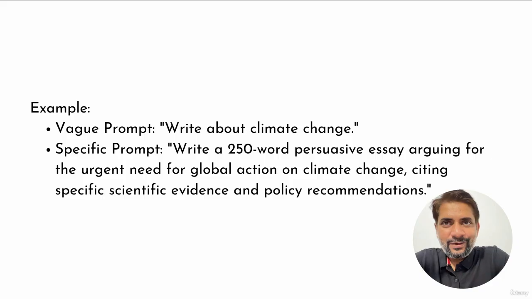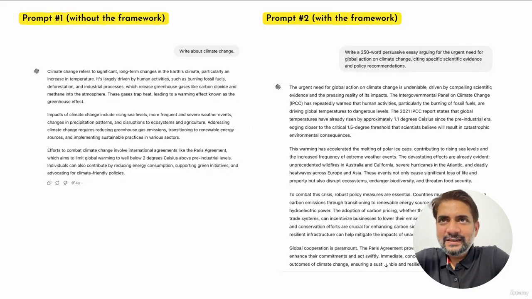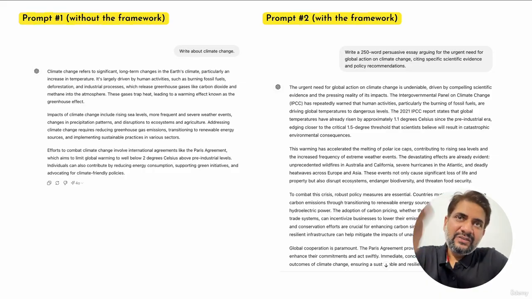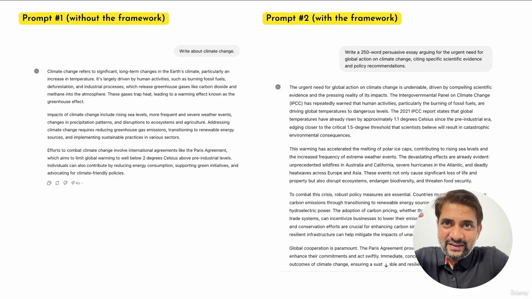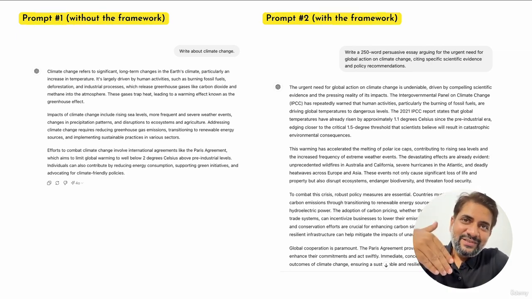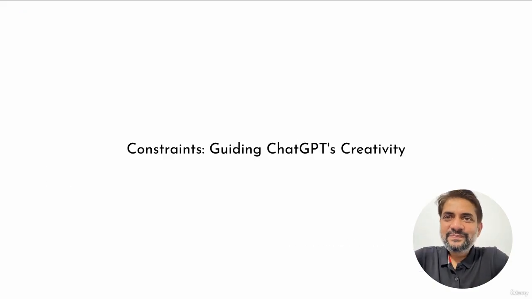So I am adding a lot of these things here. Let's see. In the first prompt, I just asked ChatGPT to write about climate change, and it did not have any objective in its mind, and it just created me a short paragraph on climate change. But when I gave it the detailed specific prompt, it created the text accordingly. And if you read it, you'll find how different both of these are and which one is more useful. You will see it for yourself.